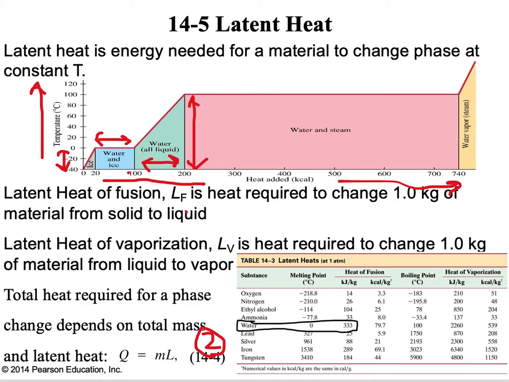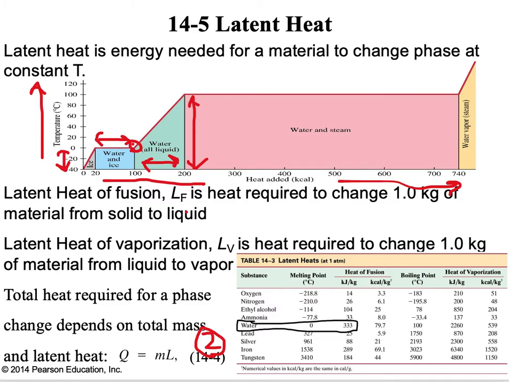At heat added of 100 kcals and a temperature of 0 degrees Celsius, we have got a phase change. And this phase change is occurring at this particular heat and at this particular temperature. So we are undergoing a phase change from ice into liquid.